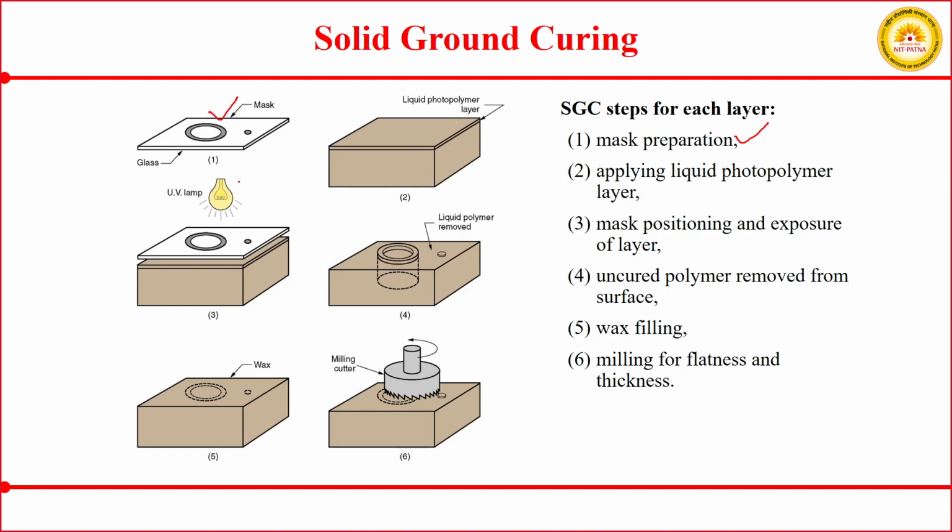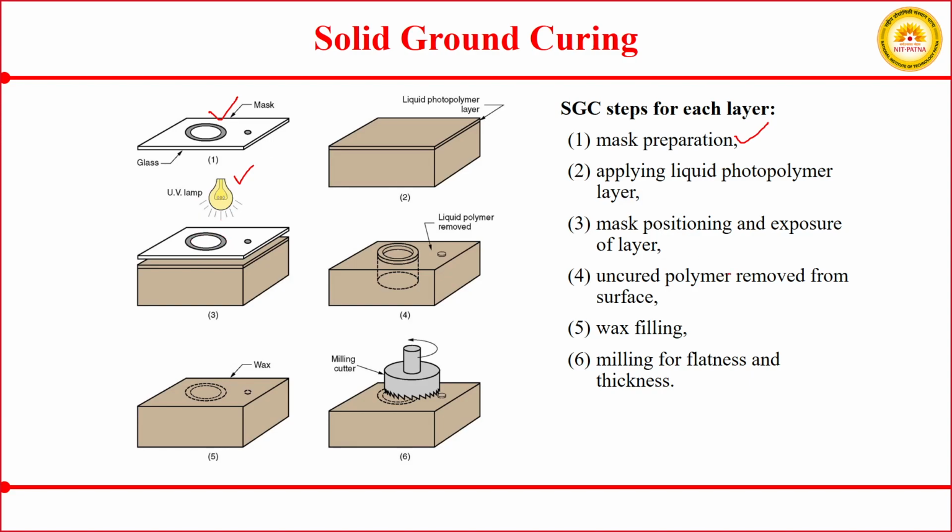As soon as this UV lamp glows, the UV rays pass through this mask. Wherever you have a transparent layer, this UV light will pass through it, and your material will get solidified.